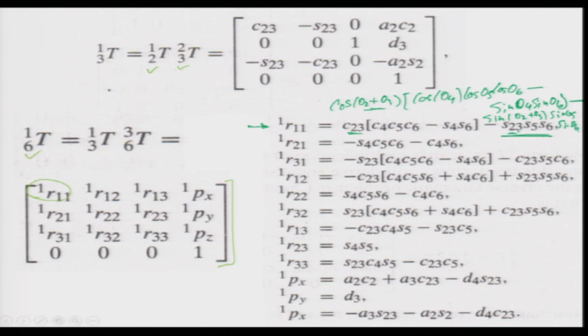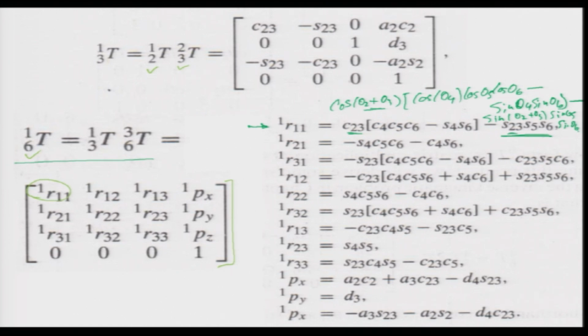Now, because these terms are appearing like this, it will be extremely difficult to solve, since these are trigonometric equations appearing in all combinations. So, if we try and equate the left hand side of the desired matrix with that of the final matrix between the end effector and the base, we will not be able to solve.